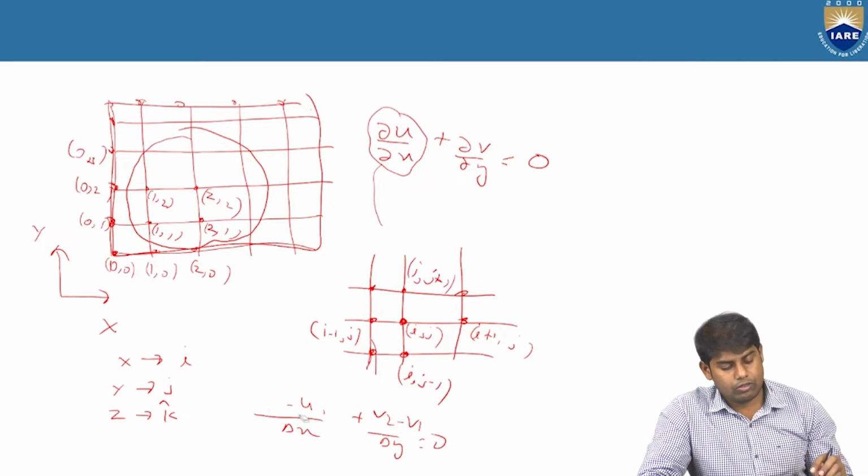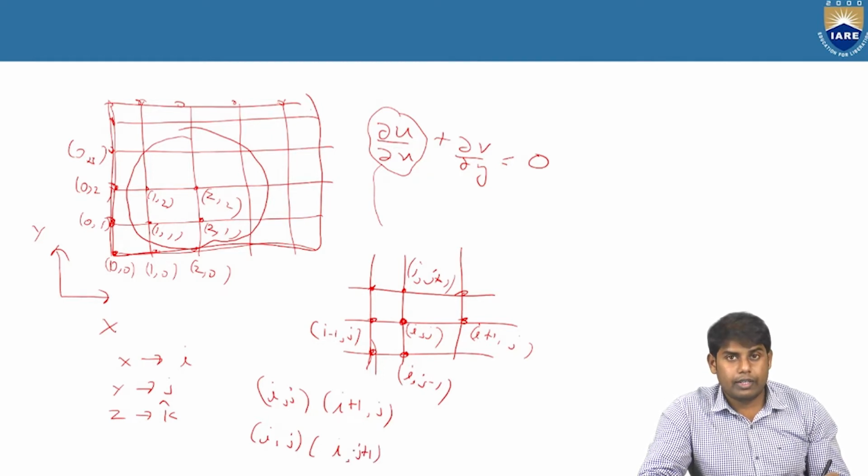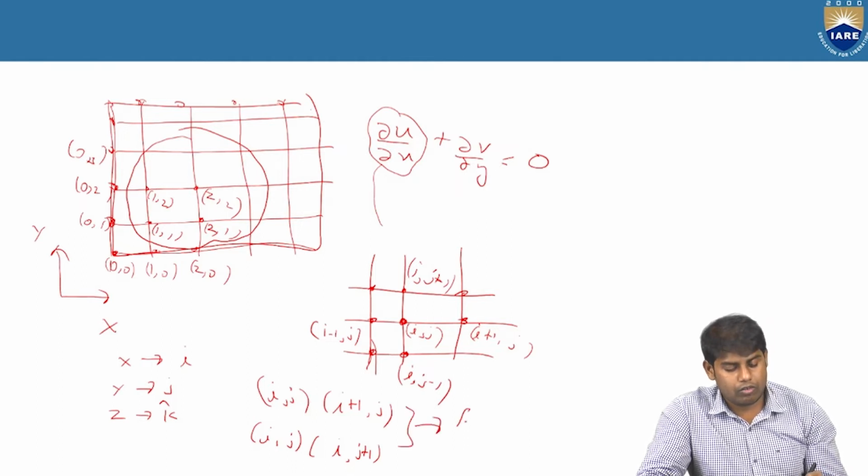The meaning of forward difference is, if you are finding any value with respect to i comma j and i plus 1 comma j, and i comma j and i comma j plus 1, these entities come under forward difference.